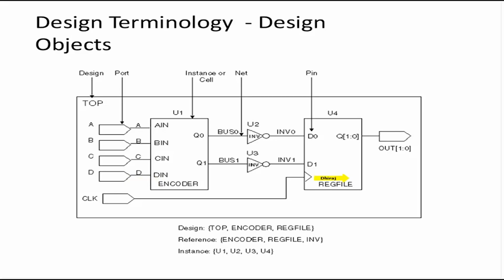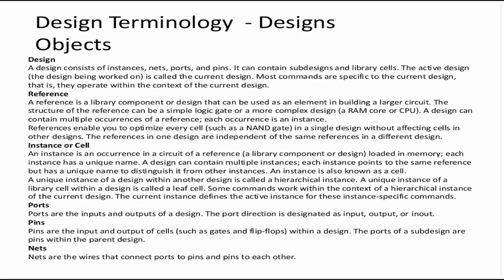On the other hand, INV is not hierarchical. There is no other hierarchy inside inverter. That's why we call it a leaf cell. The analogy is from a tree, where a tree contains branches, and branches contain leaves. Leaf is the last non-hierarchical unit. That's why it's called a leaf cell.